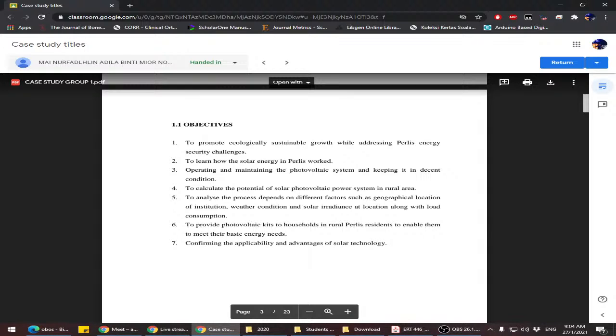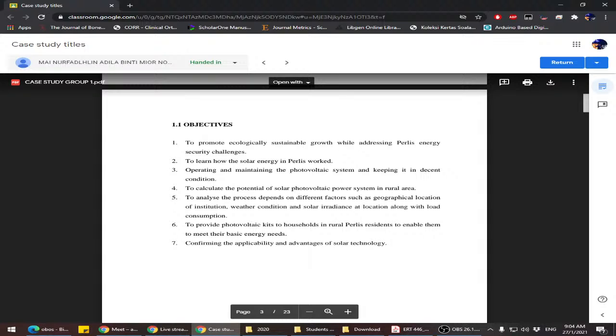That's a good attempt. However, all the objectives you need to achieve, right? And you have a proper methodology for all those objectives. For example, number 1, to promote ecologically sustainable growth while addressing Perlis energy security challenge.